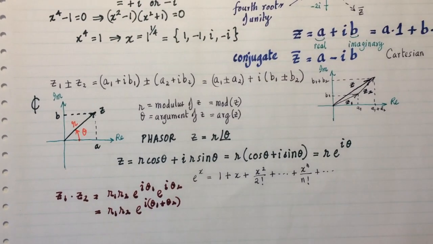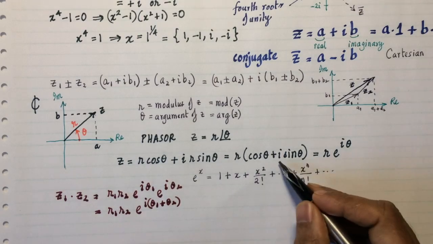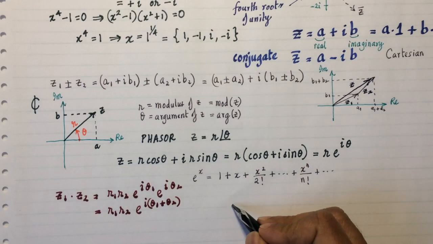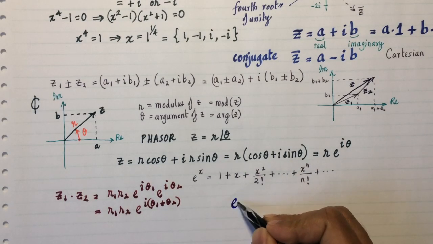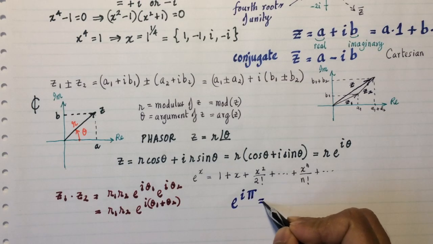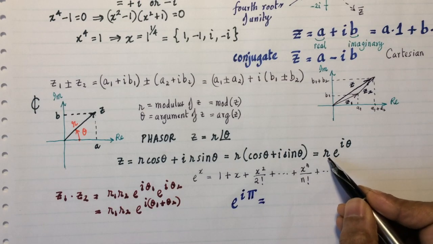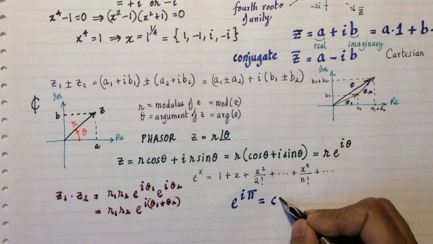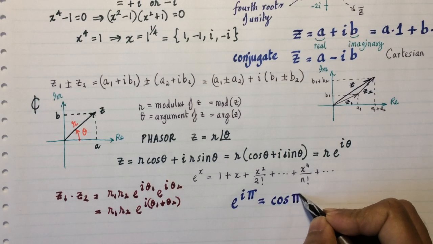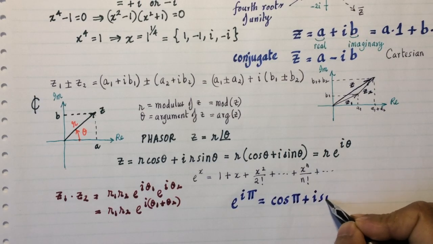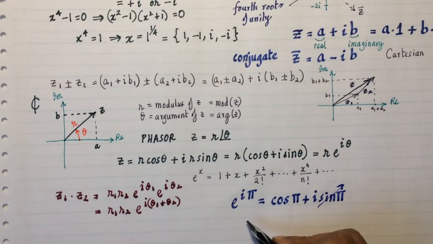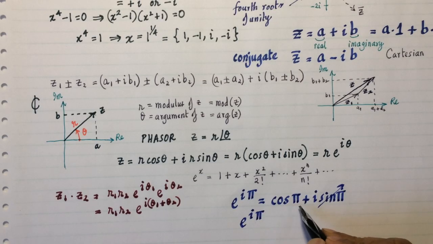Now the equation known as the beauty comes when you set theta equals pi. So let's see what happens when you do that. I'll get e to the I pi equals, well, r is just 1, so that's going to be cosine pi plus I sine pi. Well, pi is 180 degrees, so the sine disappears, and I end up getting e to the I pi equals cosine pi, which is negative 1.